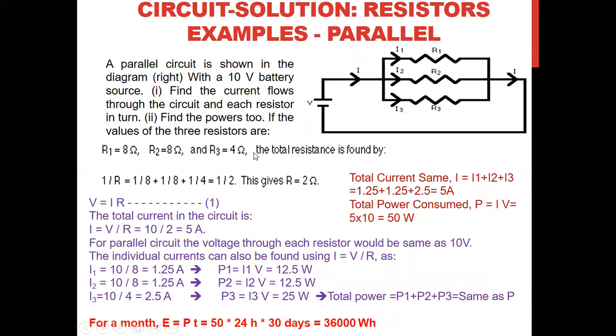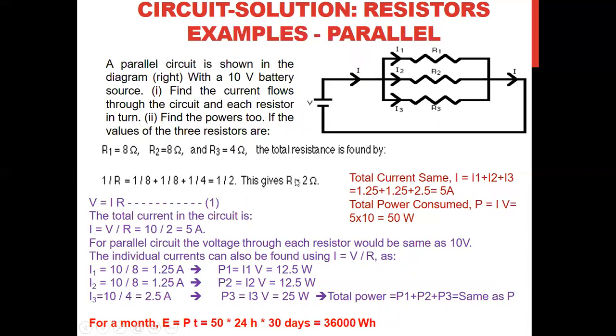For total resistance, 1 by R equals 1 by 8 plus 1 by 8 plus 1 by 4. By the formula, if we calculate this, it will be 1 by 2, meaning 0.5. So what is R? If we invert, R equals 2 ohm.